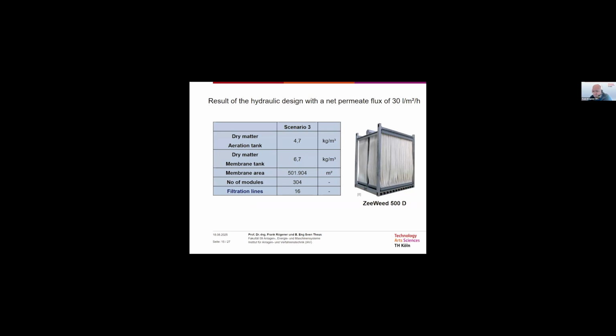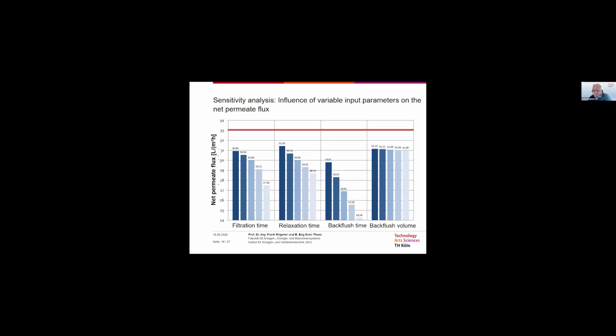If we installed more than 300 of these modules, then it would be possible to achieve the aim of scenario 3 that was described, to come to only one wastewater treatment plant in the end and shut down the remaining ones. Then we had a look at several operating parameters.